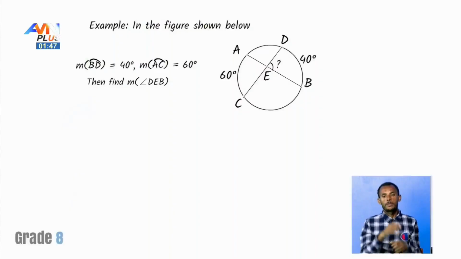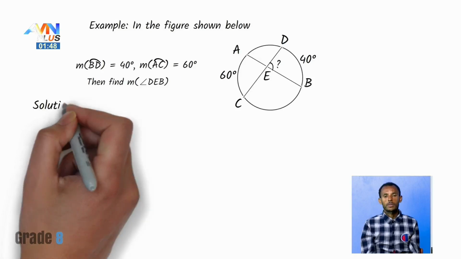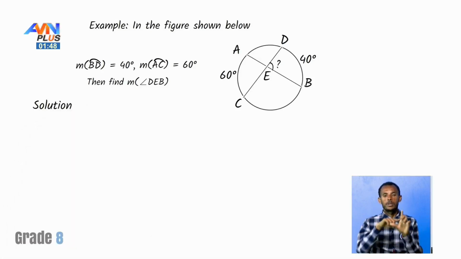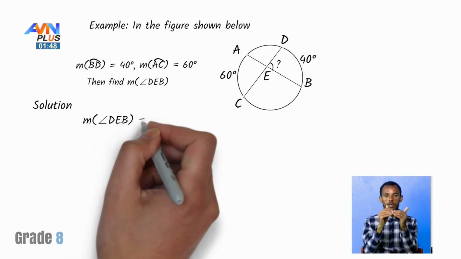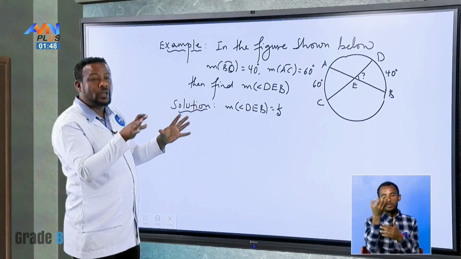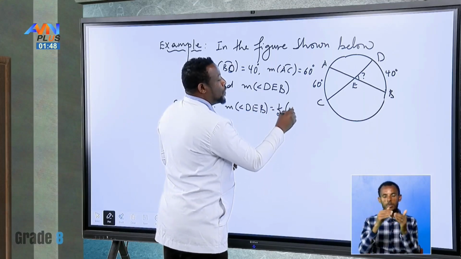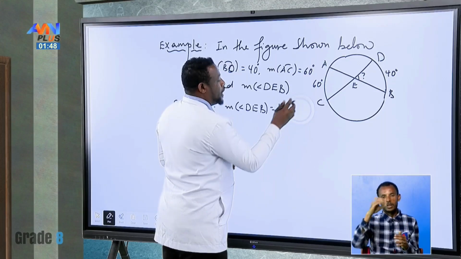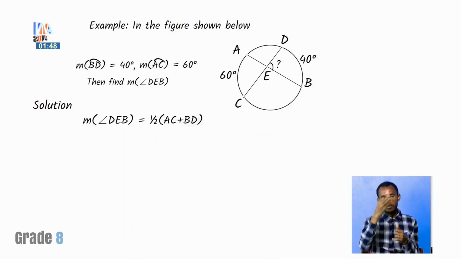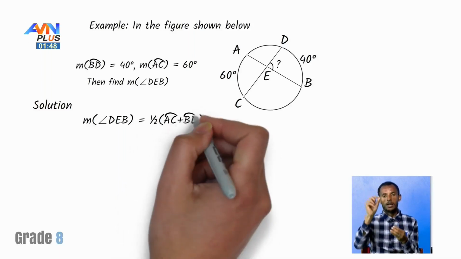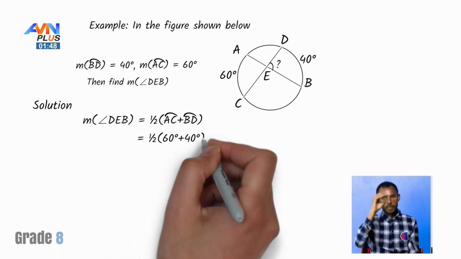So our answer will be: the measure of angle DEB is equal to, you need to directly use the formula that we have derived, half of arc AC plus arc BD. So this is the same as half of, AC is 60 degrees and BD is 40 degrees.